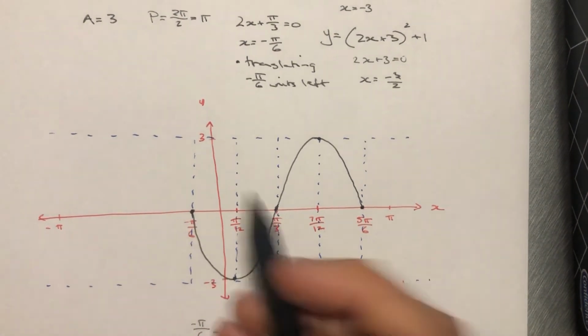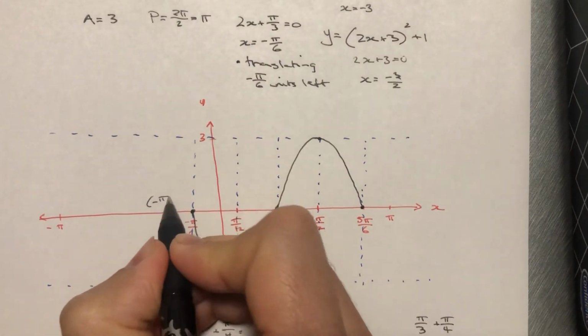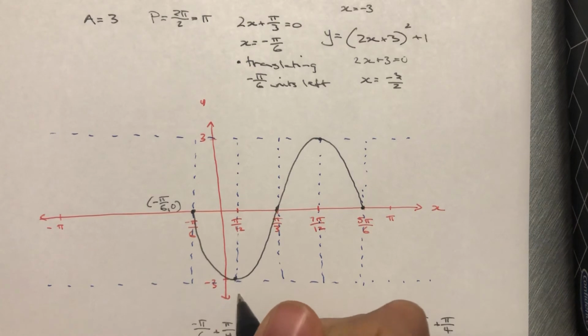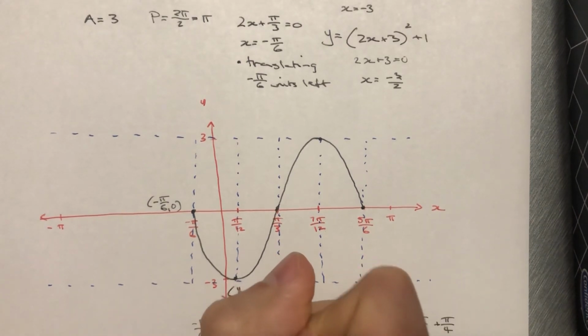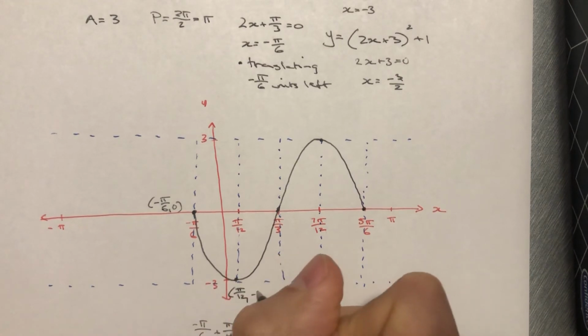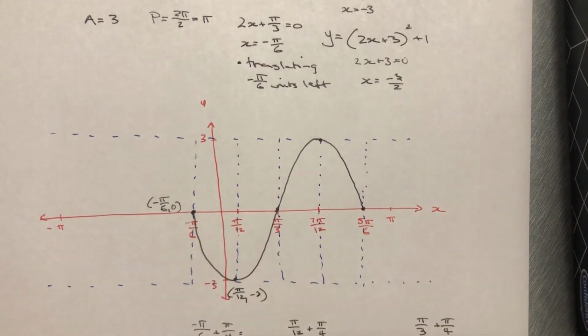So let's start with this one, where x is negative pi on 6, y is 0. At our first minimum down here, x is pi on 12 that we worked out before, and it's at the bottom, so the lowest level of our amplitude, or lowest level of our range rather.